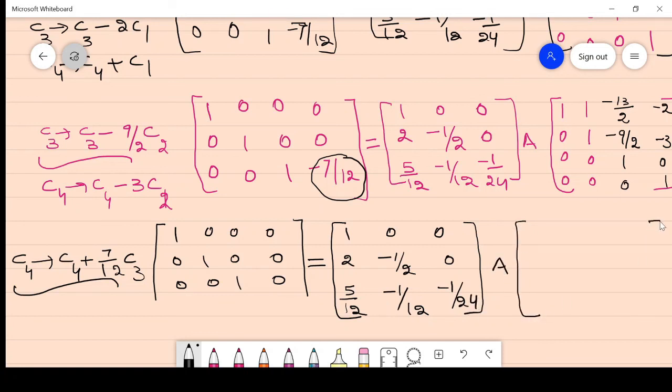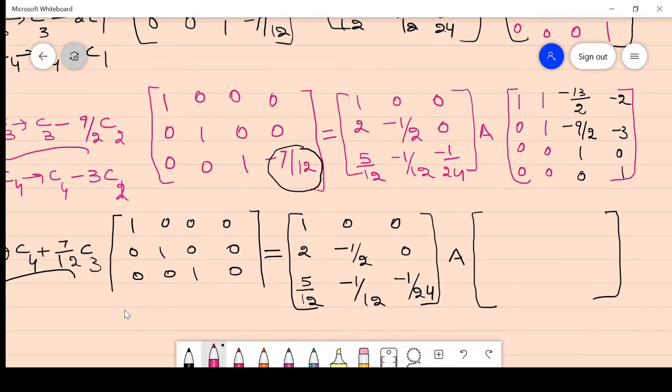So this will be equal to, now here we apply the operation C4 plus 7 by 12 into C3. So first column is 1 0 0 0, second column is 1 1 0 0, and third column is minus 13 by 2, minus 9 by 2, 1 and 0.